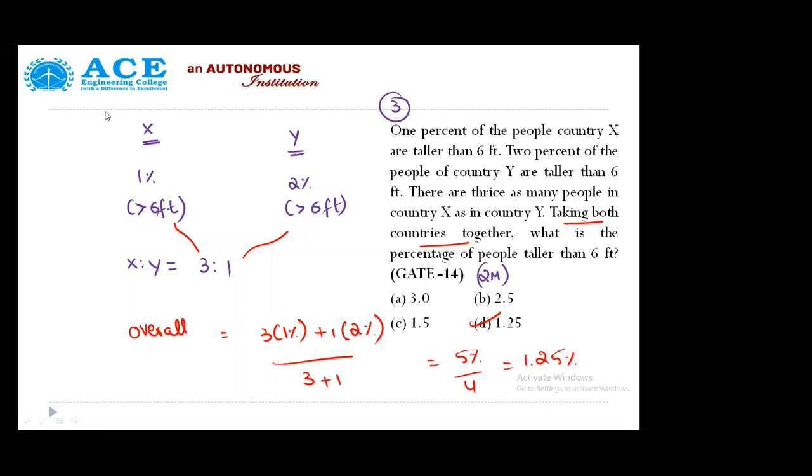That was method 1. Now let's see method 2, my dear friends. As in the previous questions, when you don't know the values, you can assume. Here the population of country X and country Y is 3 is to 1, right?